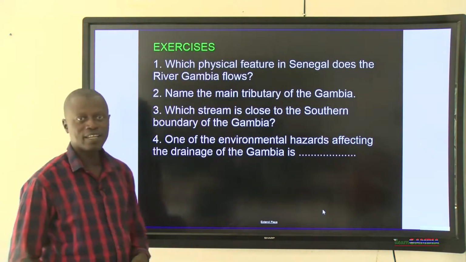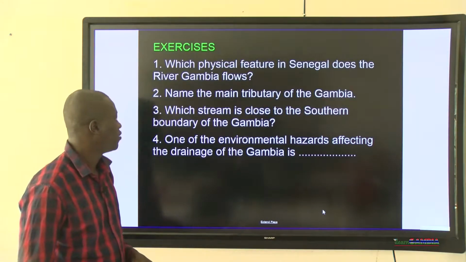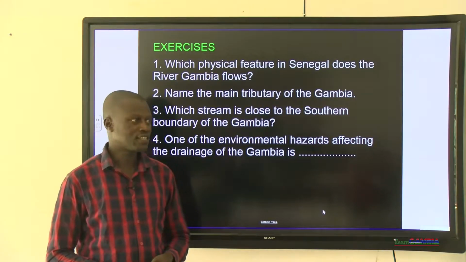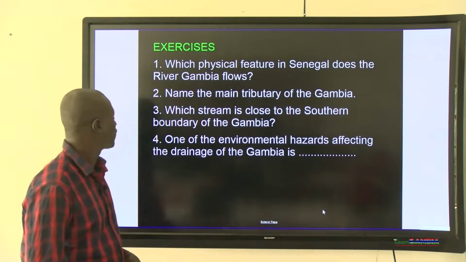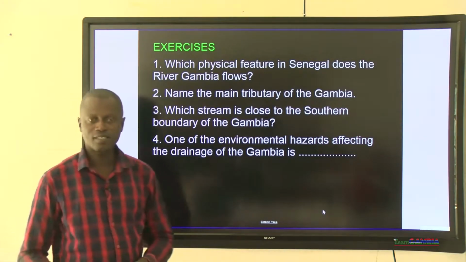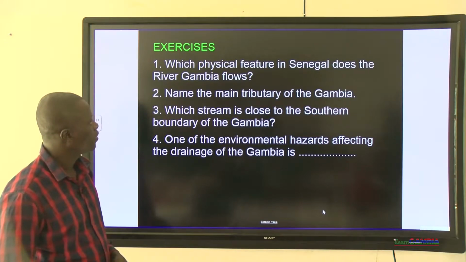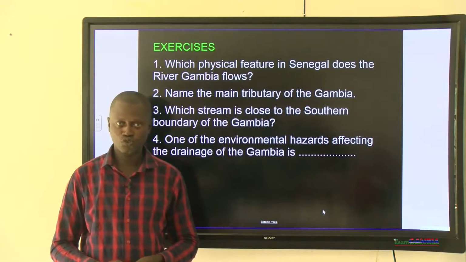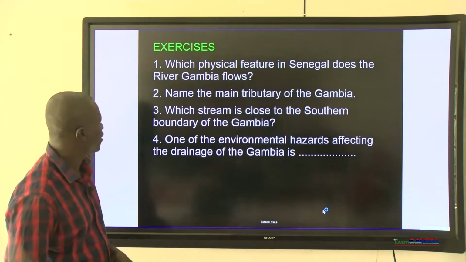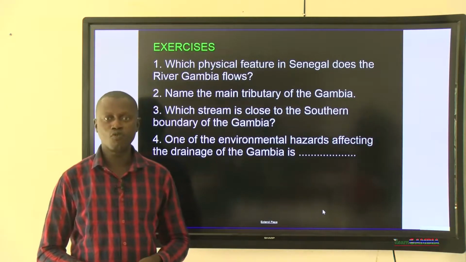Now, before we get into the new lesson, let us do our correction exercises from the past lesson. Question number 1 reads, which physical feature in Senegal does the river Gambia flow?